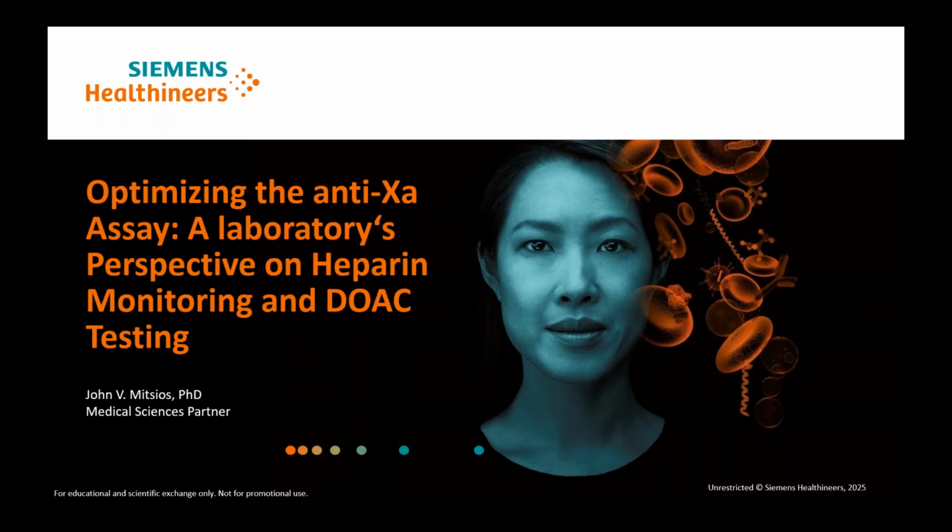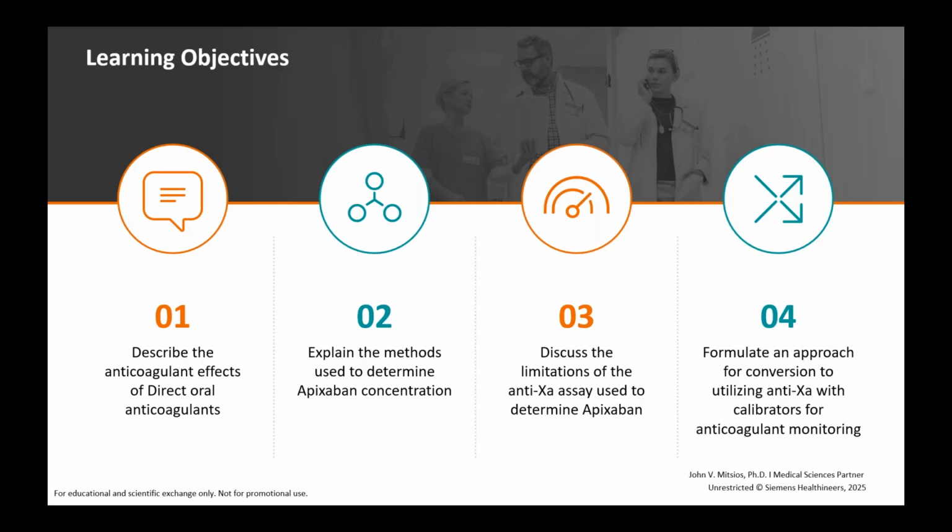Well, thank you for that introduction. Today we're going to be talking about optimizing the anti-10A assay, a laboratory's perspective on heparin monitoring and DOAC testing. With any presentation, I always like to start off with some learning objectives. Today we're going to describe some of the anticoagulant effects of the direct oral anticoagulants, including those of heparin as well.